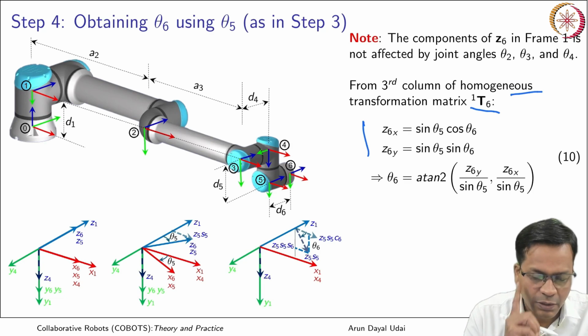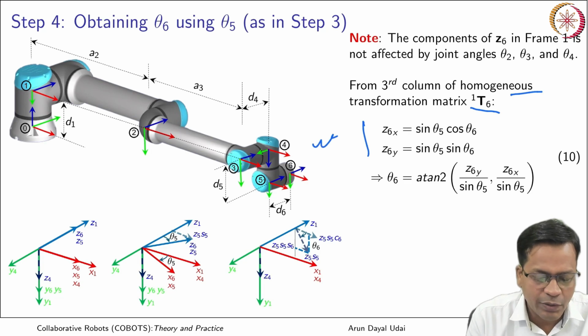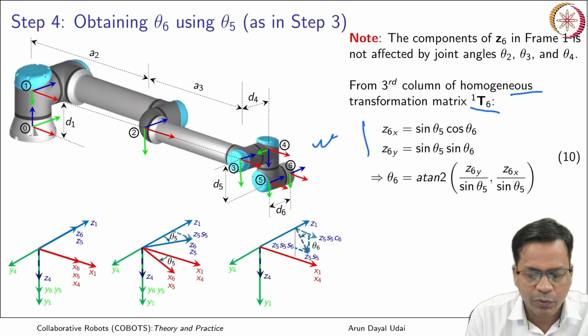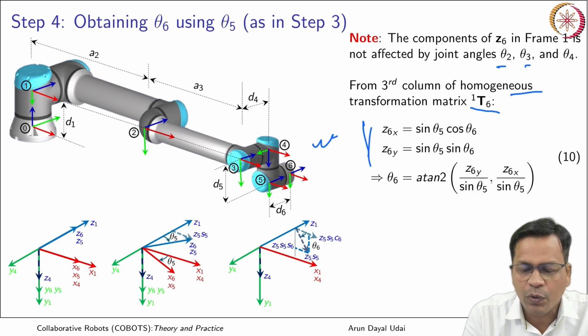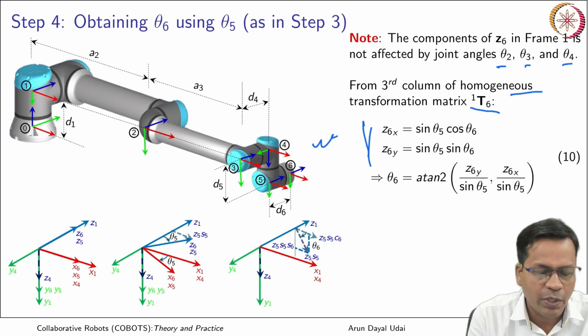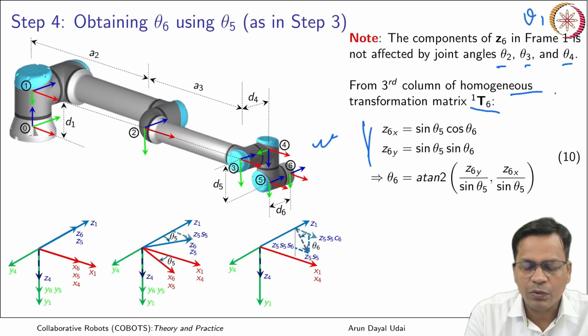Let us just derive it geometrically also. So this is the initial first condition when none of the joints have rotated, 5 and 6. So this is just a function of 5 and 6, because 2, 3, 4 is not affecting it, and also it is from 1 to 6 anyway. So theta 1 is also not affecting it.